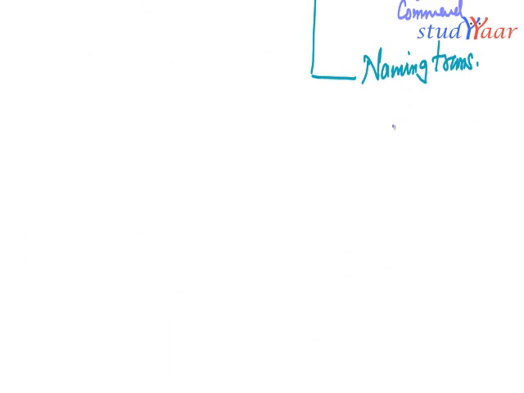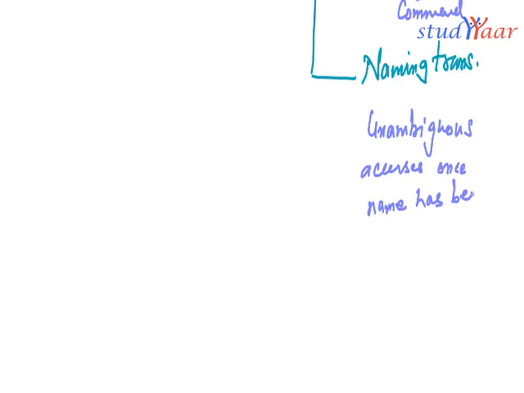So it is about unambiguous accesses once a name has been specified.